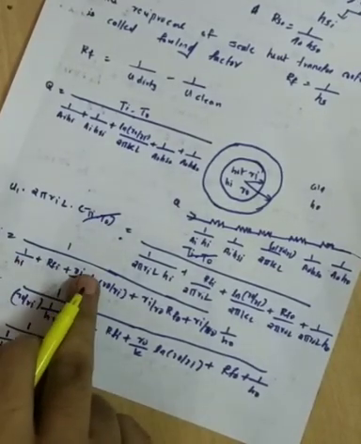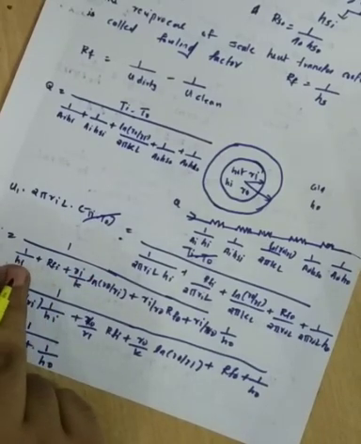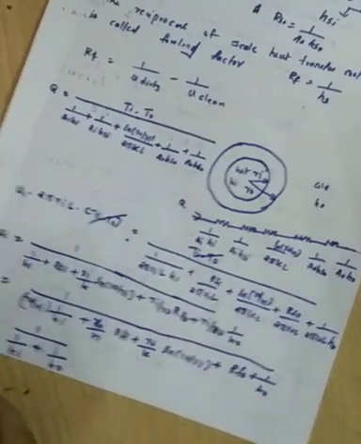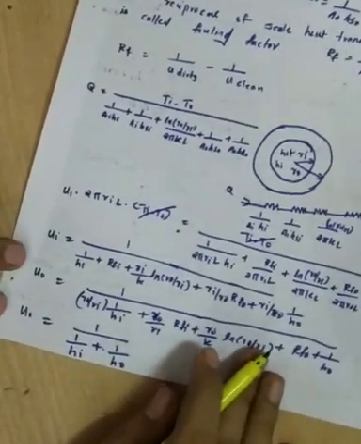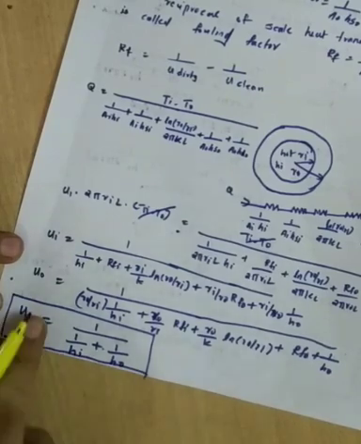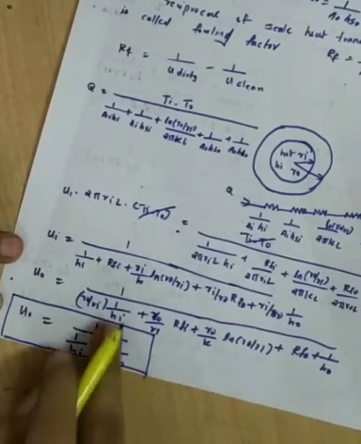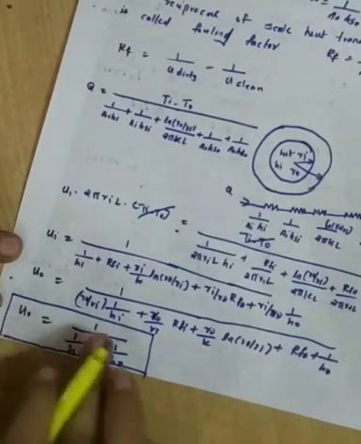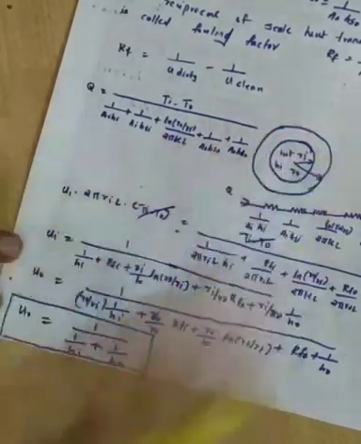Similarly, Ui is equal to 1 by Hi plus 1 by Ho; all other terms can be neglected. So in practical cases, or during problem solving, we will take the overall heat transfer coefficient U as 1 by Hi plus 1 by Ho. This is the equation for the overall heat transfer coefficient for a heat exchanger.